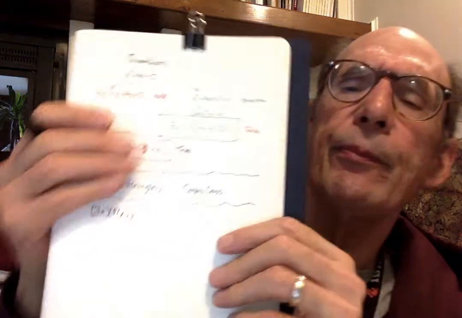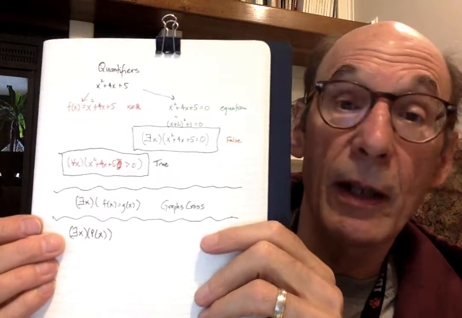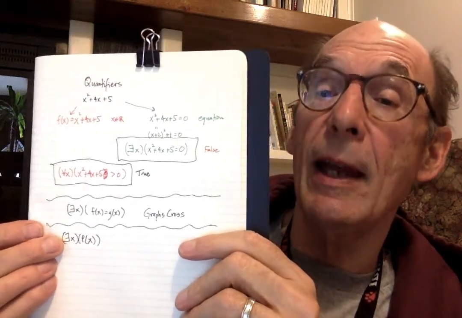So let me start with this statement. There exists an x, and I'm going to be vague about the property, that has some property p of x. It might be some logical property. It's just saying there is an x that has that property. And the negation of that is that every x does not have that property.